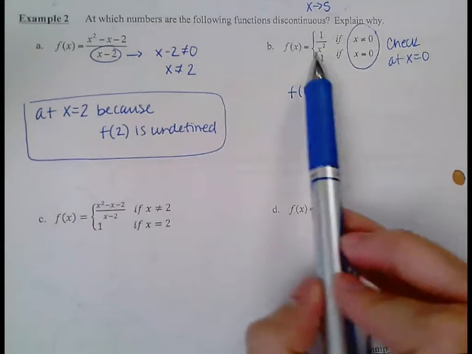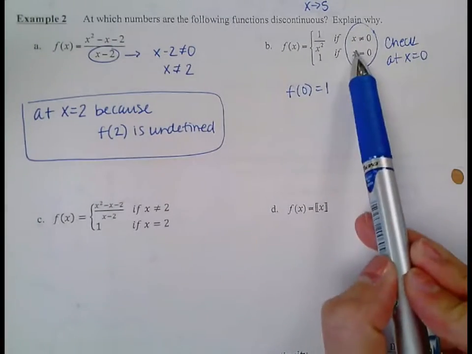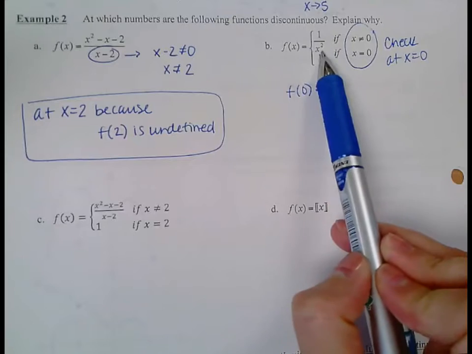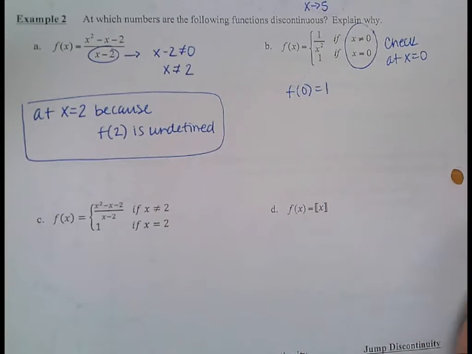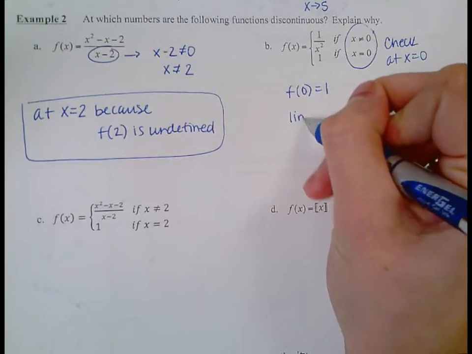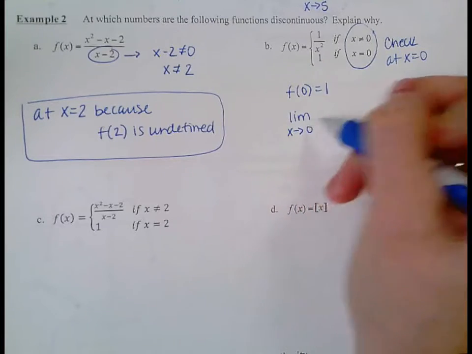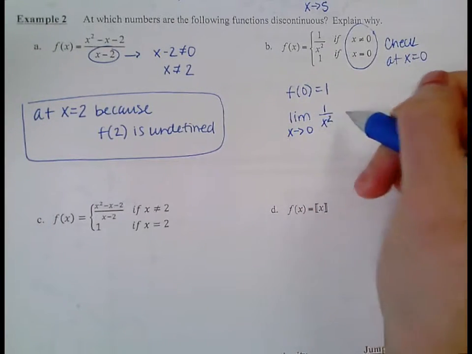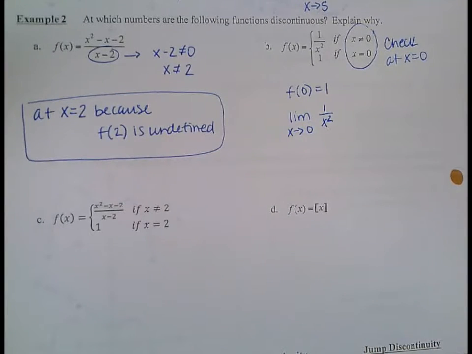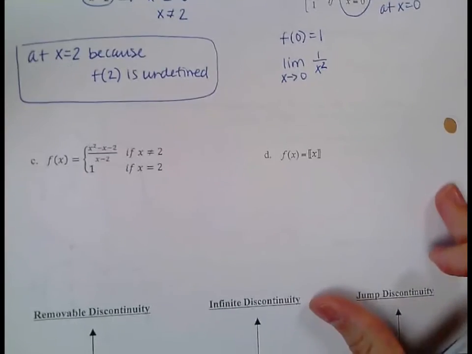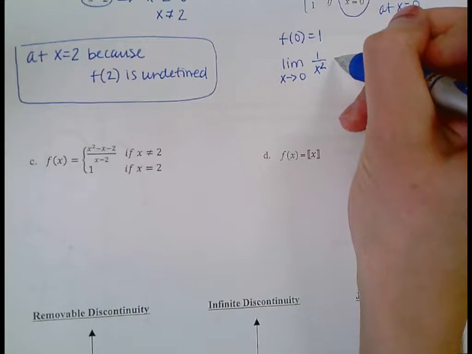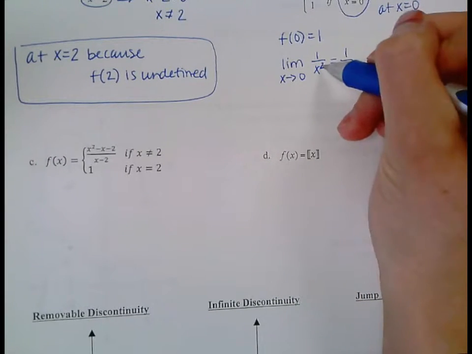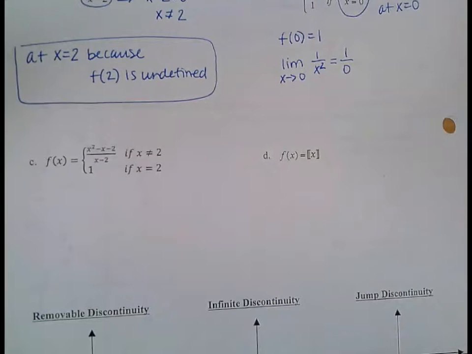So to check if the limit exists, I'm not focusing on the 0, 1 part. I'm focusing on the expression 1 over x squared. So I should find the limit as x approaches 0 of the 1 over x squared and see if that limit exists. So I can use direct substitution. If I use direct substitution, I'll have 1 over 0 squared, so 1 over 0.